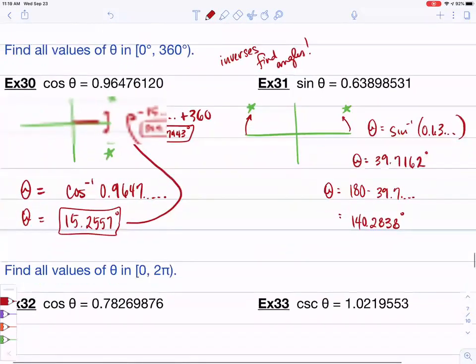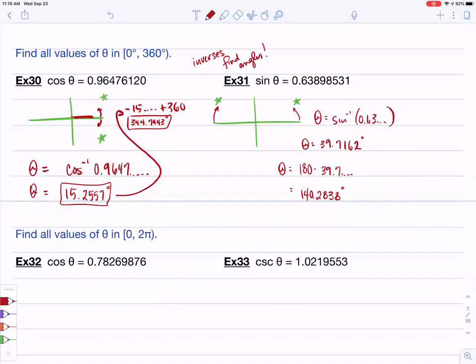Now, I gotta tell you, I don't have memorized a process here. Like my brain doesn't say, okay, if you're dealing with cosines, then you need to make sure that you do 360 minus your angle. But if you're dealing with sines, you need to make sure you do 180 minus your angle. I'm gonna forget that stuff, that's too confusing. Because tangent's even different.